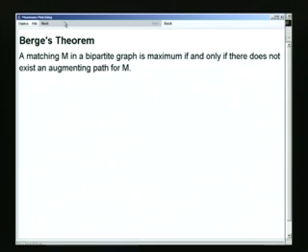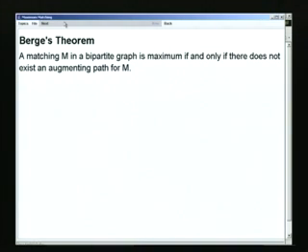So this theorem says that if ever we come to a point at which we cannot find an augmenting path, then we must have in our hands a maximum sized matching. So this theorem justifies or proves the correctness of Edmonds' algorithm.